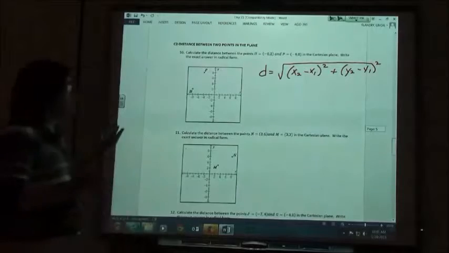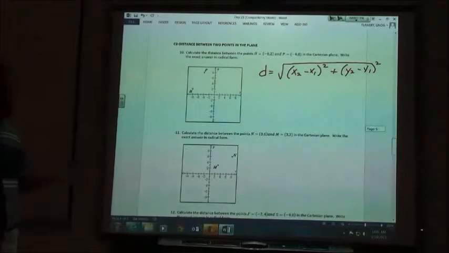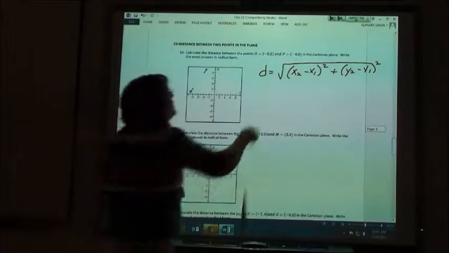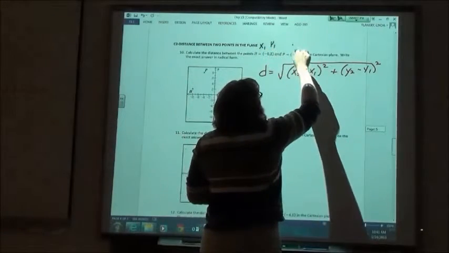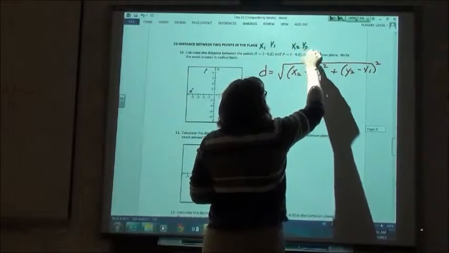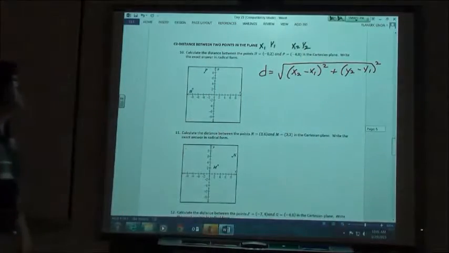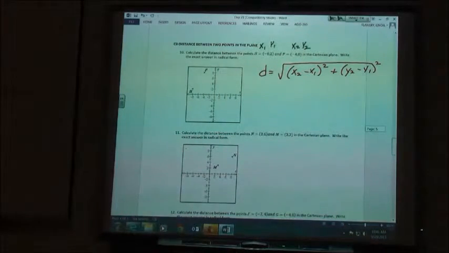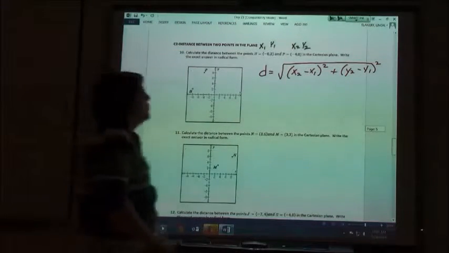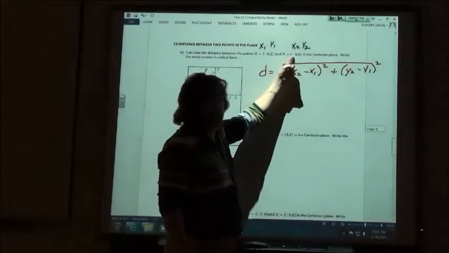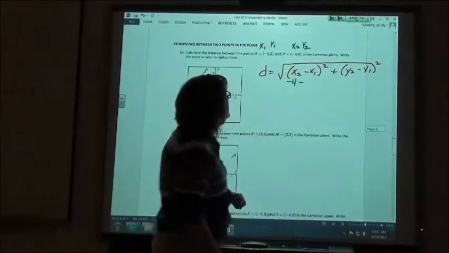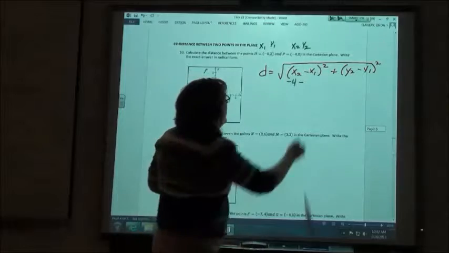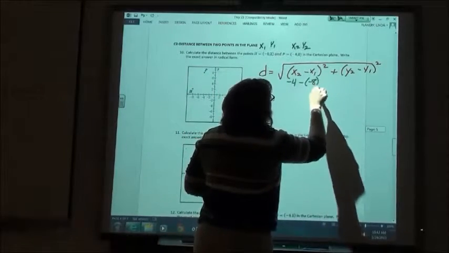So, just like in our slope formula, we have an x1 and a y1, an x2 and a y2, right? So, x2 is going to be negative 4 minus x1. x1 is negative 8.